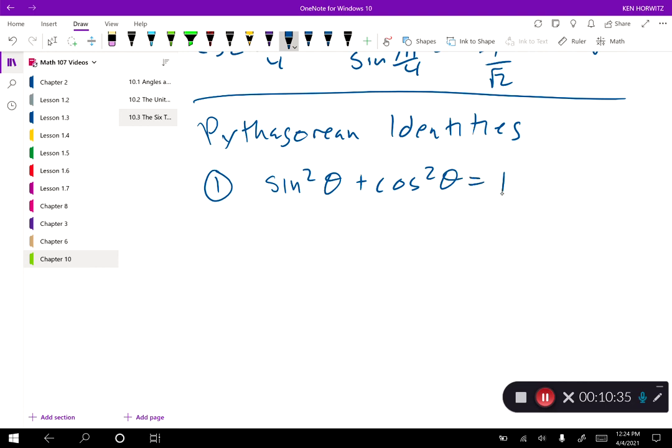And pretty easy to prove, because if we know that sine is related to x and cosine is related to y, meaning sides of your triangle, the 2 legs of your triangle squared should equal the hypotenuse squared. So for the second Pythagorean identity, I'm going to take my first identity, and I'm going to divide everything by sine squared theta.